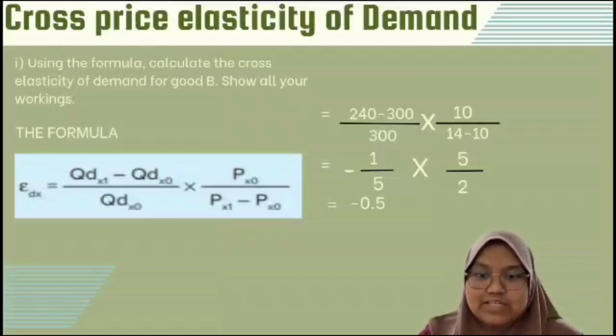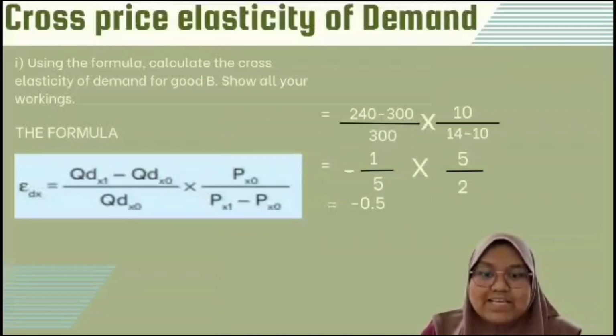So the formula is Q1 minus Q0 divided by Q0 times P0 divided by P1 minus P0.